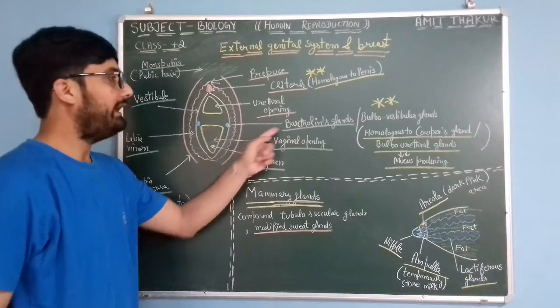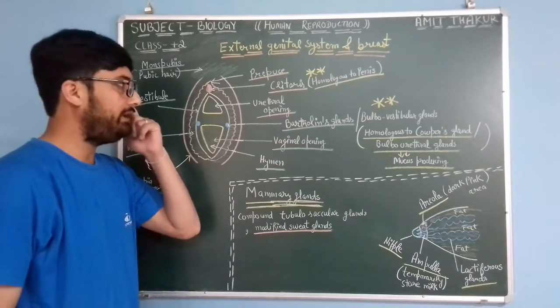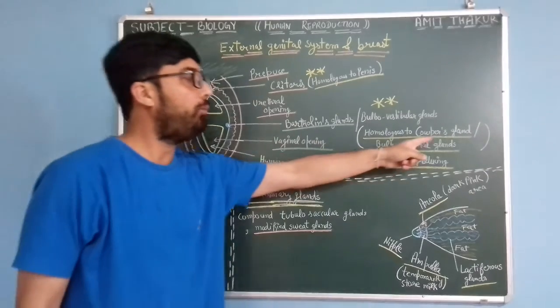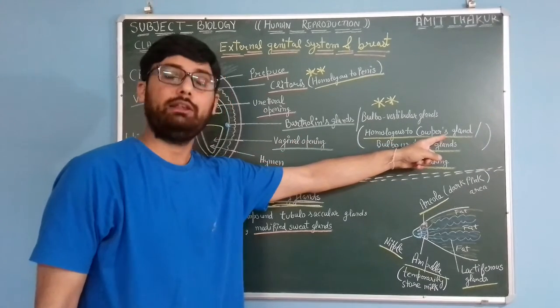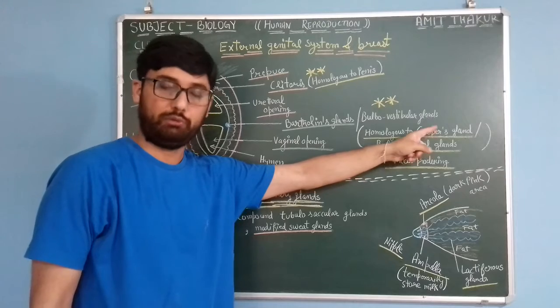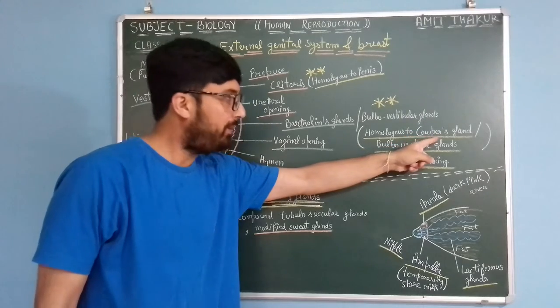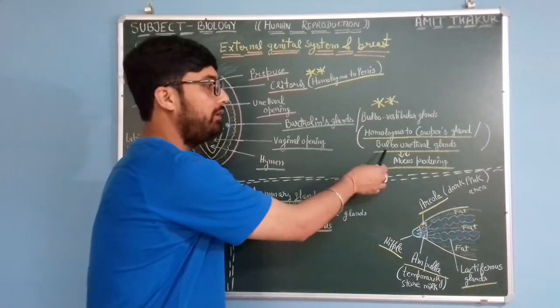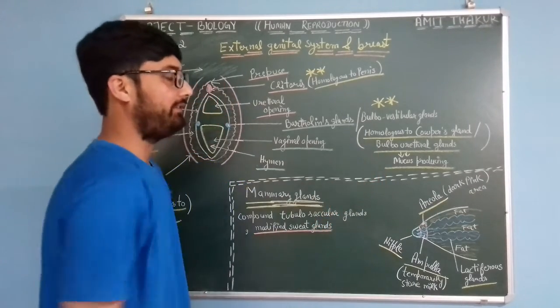Bartholin's gland is quite similar to Cowper's gland in the male reproductive system. These Cowper's glands in the male reproductive system are also known as bulbourethral glands.